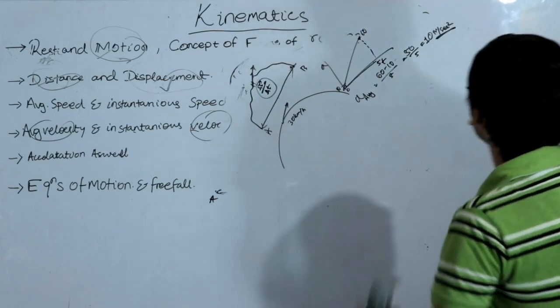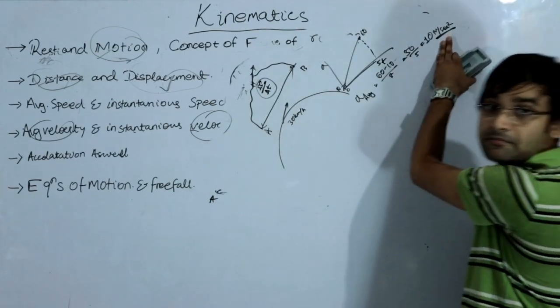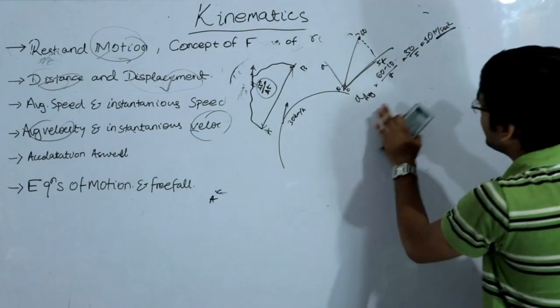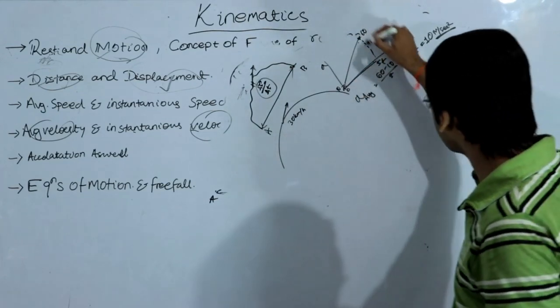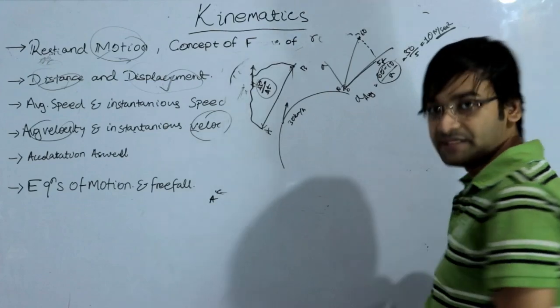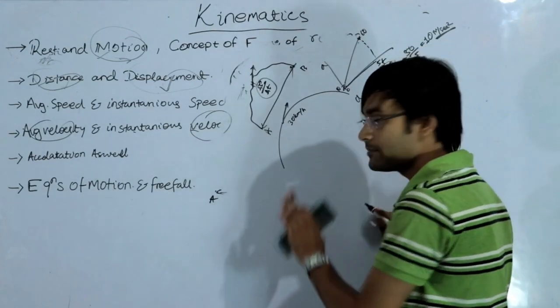This is its dimension, or the unit of acceleration is called the meter over second square, and the average acceleration is nothing but the change in velocity over the time taken. So everything here is related to the same concept.